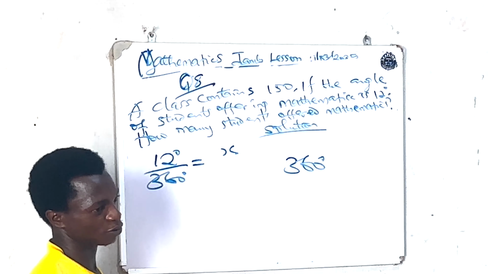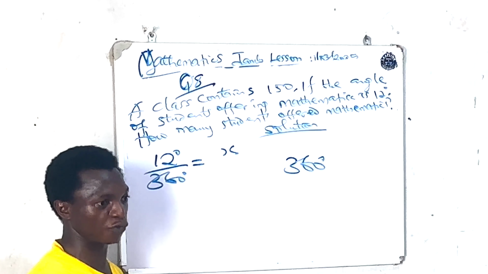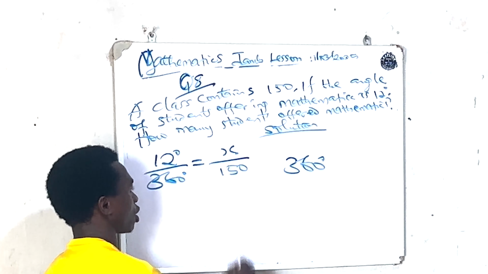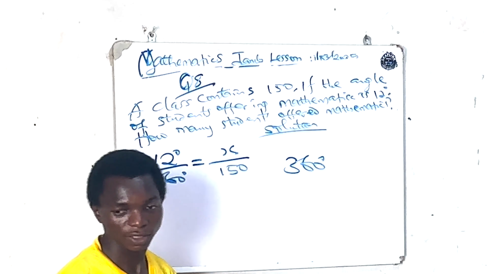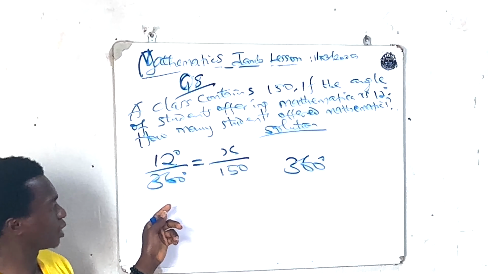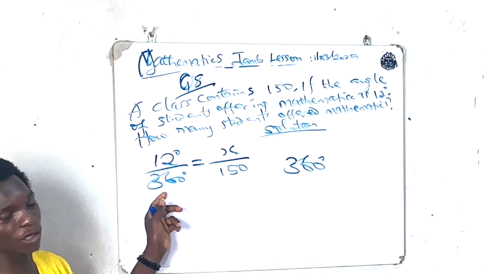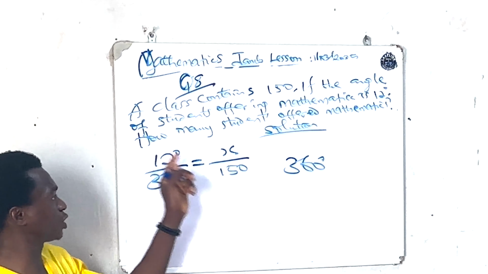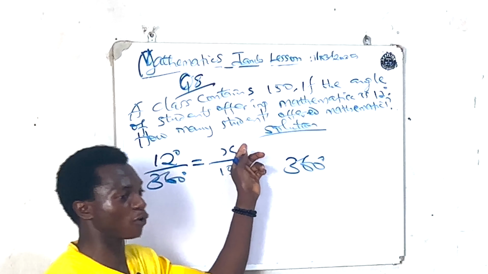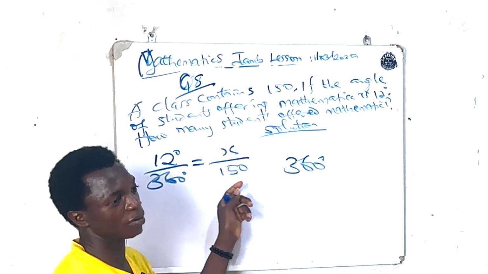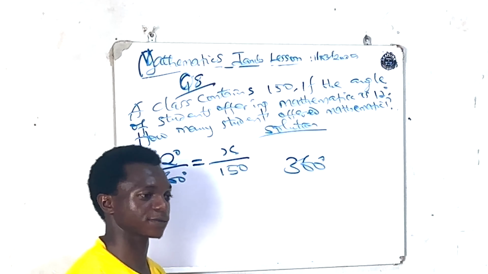Let's take it as x because we don't know the number of students that offer maths, but we have 150 students in total. So the angle of students offering maths is proportional to the total angle of the pie chart, which is equal to the number of students offering mathematics over the total number of students in the class.